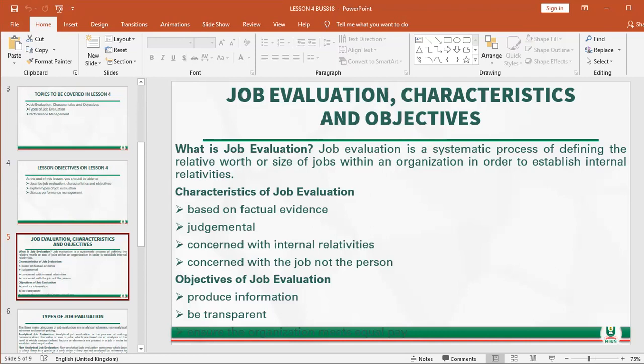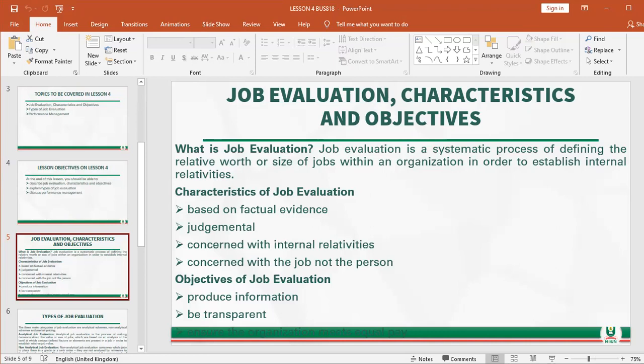These others still get to go home, and their job is not as risky as this. So that is the evaluation of jobs, to see if it's commensurate with that particular pay structure or pay grade that he or she is being employed to do. That's an example of what job evaluation is all about.